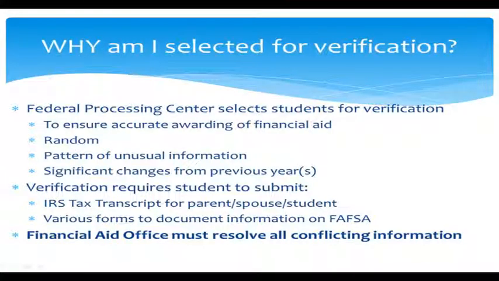If you are selected for verification, or you've heard about this before, or you've had to go through it either with us or another school, why am I selected for verification? Some students get selected every year, some manage to get through without ever being selected. I will tell you, over 50% of applicants for financial aid at our institution are selected for verification. So chances are, sooner or later, if you're going to be coming to school here, you will be selected for verification.